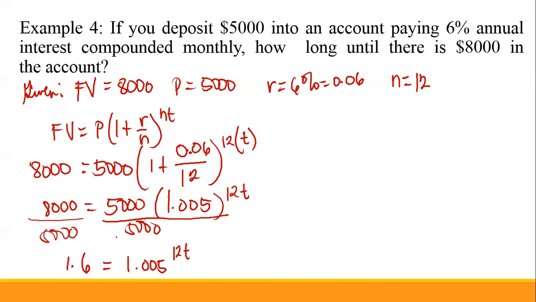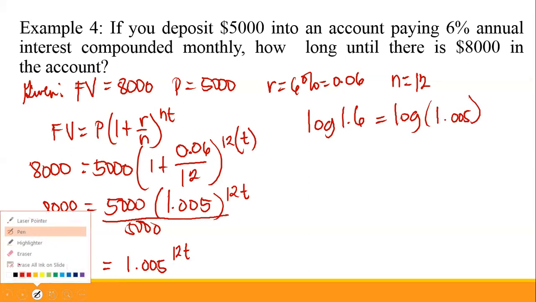Okay? And as mentioned earlier, we have to take the logarithm of each side. Then use property 5 to rewrite the problem as multiplication. So, tuloy natin dito. Logarithm of 1.6 equals logarithm of 1.005 raised to 12t.